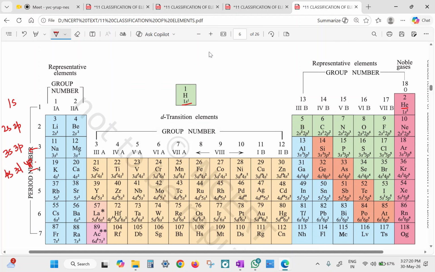Okay. So if you look at it this way, you can also see. The third period, how many electrons will be there? See, look at what gets filled: 3s, 3p, 3d. Then 4s, 4p, 4d, 4f. 5s, 5p, 5d, 5f.